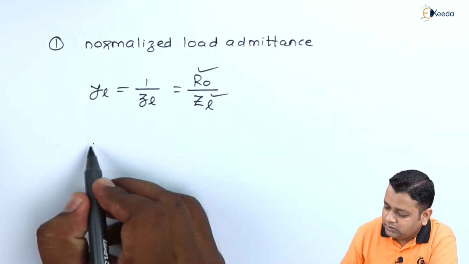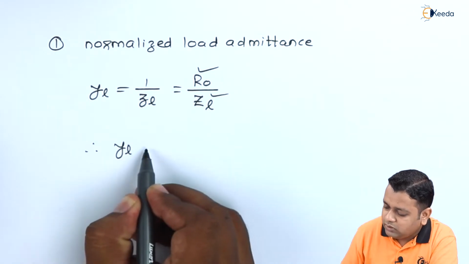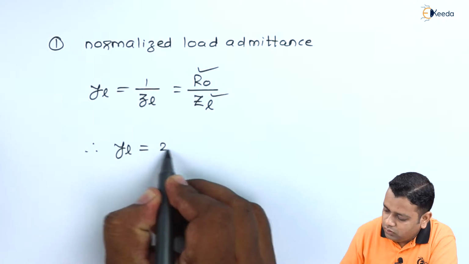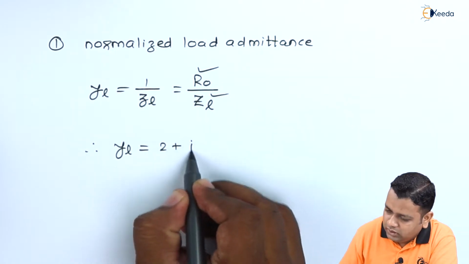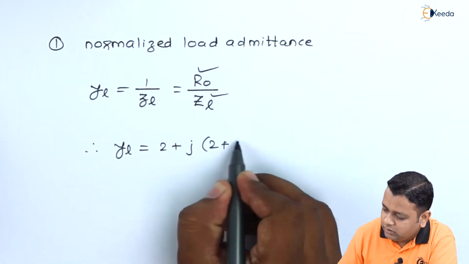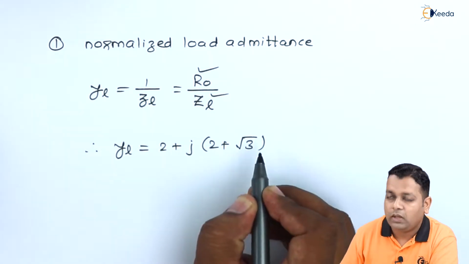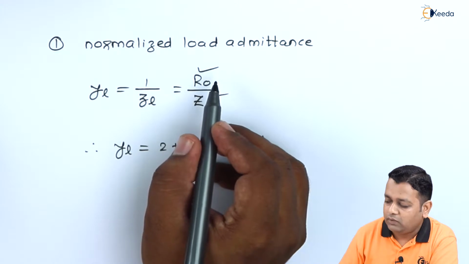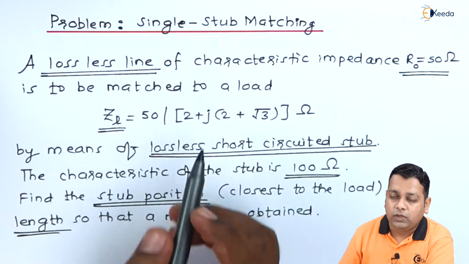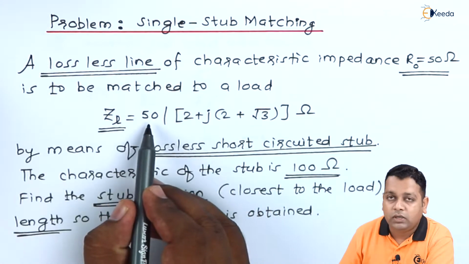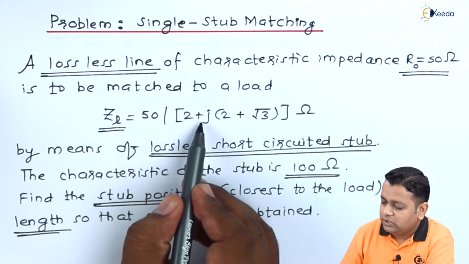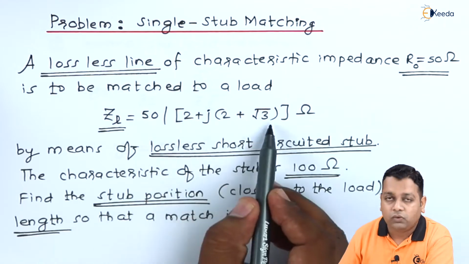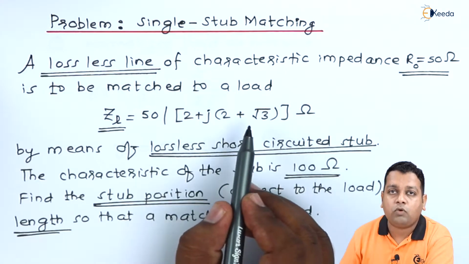In the next step, the normalized load admittance is 2 plus j(2 plus root 3), because R0 holds the value 50, and if you get back to the problem statement, we have ZL value 50 divided by 2 plus j times 2 plus root 3. So this square bracket will be in the denominator of the denominator.